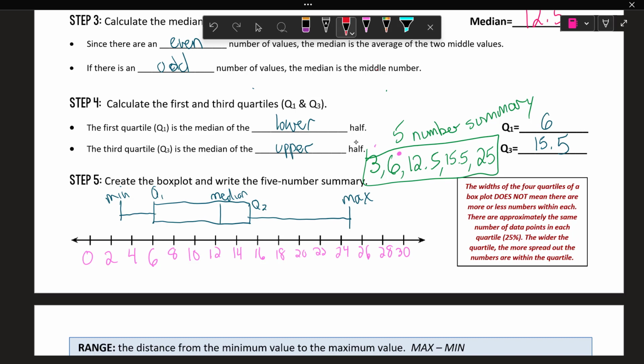So 25% of the data is between the minimum and Q1. 25% of the data is between Q1 and the median. 25% of the data is between the median and Q3. And Q3 to the maximum also has 25% of the data. So none of them have more data. They may have larger numbers, but all 4 sections are 25%. Hence, quartiles are quarters.